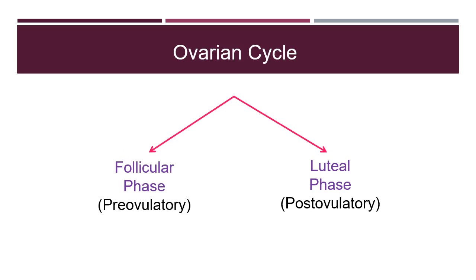The ovarian cycle, the monthly cycle, is composed of two main phases, which are the follicular phase, in other terms the pre-ovulatory phase, and the second phase is the luteal phase, which is also called the post-ovulatory phase. And in the middle, we have the event of ovulation.